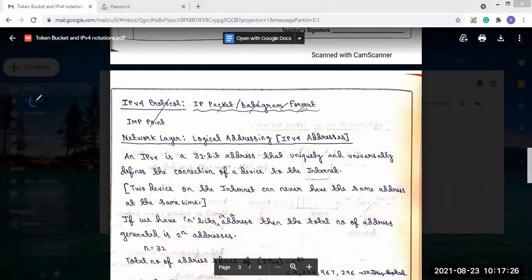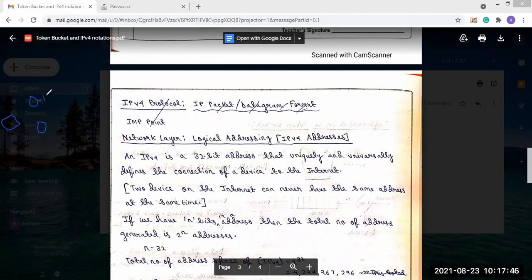Let's say this is a device and this is also a device, and there is a packet. At the same time, this is one system and this is another system.